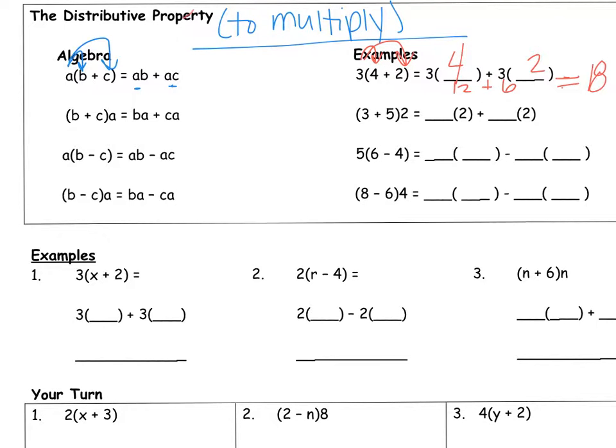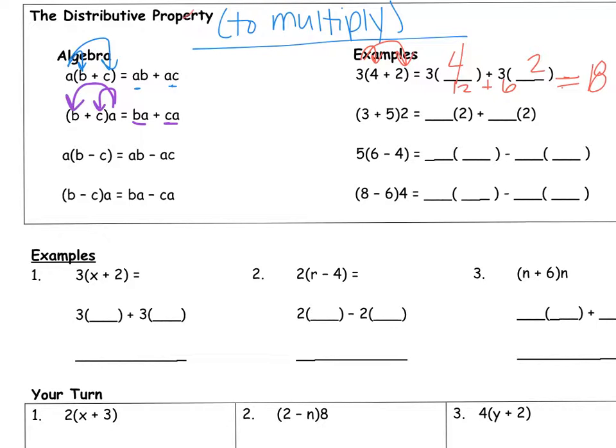Looking at our second example, it says the same thing, but now the A that is multiplying the quantity is in the back. It doesn't matter where the A is as long as it's directly outside of the parentheses. So now we'll just take that A and multiply it to the front, which is B, and then multiply it times the second term, which is C. So we would get BA plus CA.